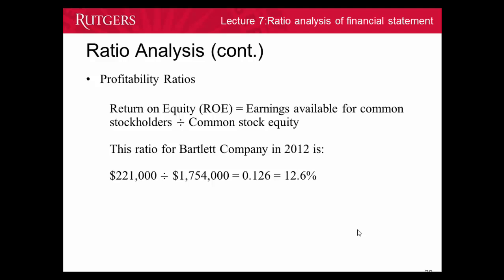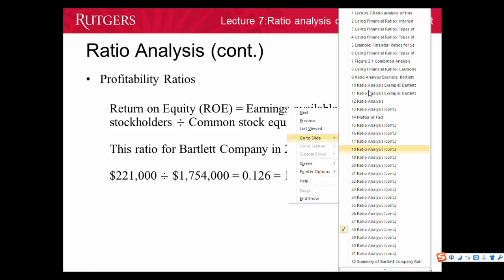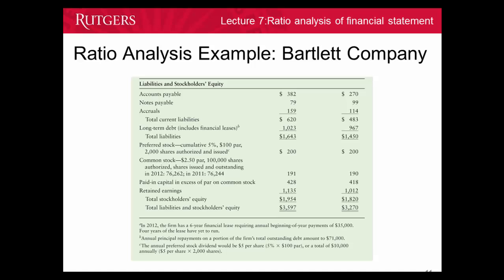So how do we calculate common stock equity? Let's go back to the balance sheet first. Common stock equity equals total stockholders' equity minus preferred stock equity, and we can find all this information here.